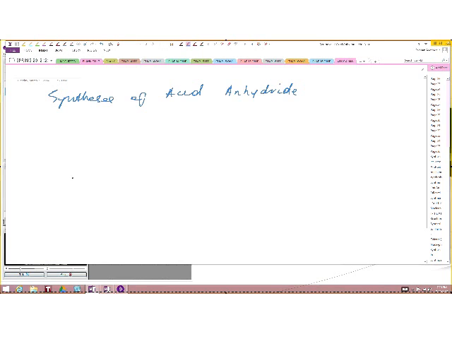To synthesize the acid anhydride, say for example, we take acetic acid, and then we react this with a base, sodium hydroxide or potassium hydroxide. So you are going to get an acid-base reaction here, and then you get this.